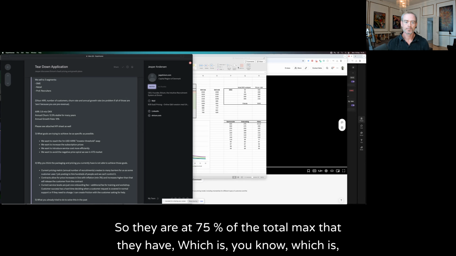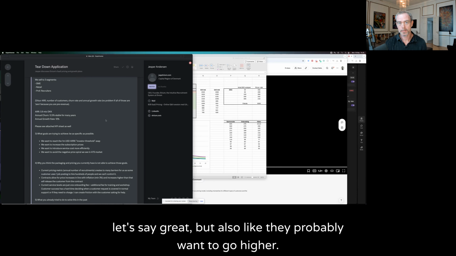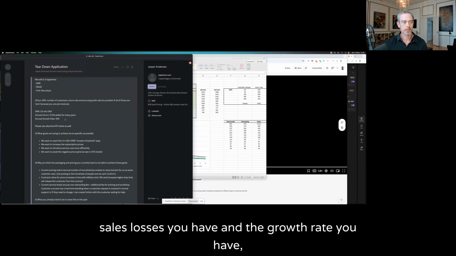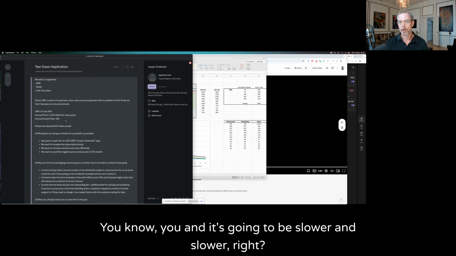Which is, let's say, great, but also they probably want to go higher. That's just my impression. So just reading these numbers, you can say, hey, given the churn rate you have, the sales velocity you have, and the growth rate you have, it's going to be slower and slower, right?